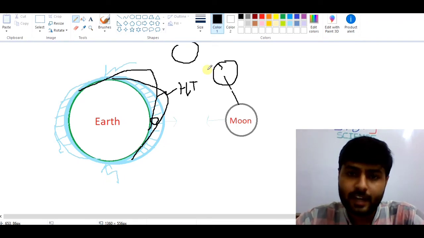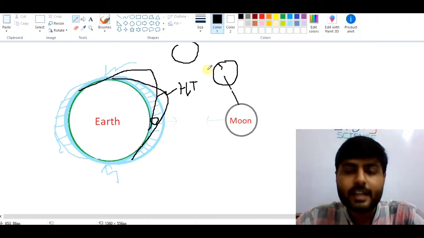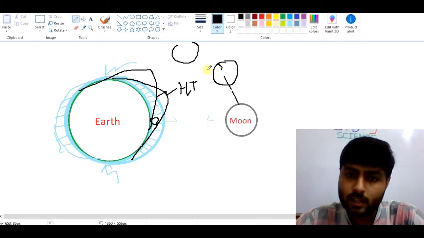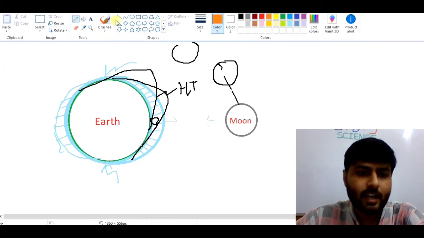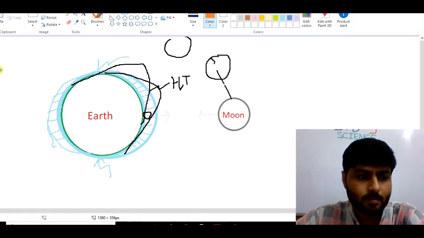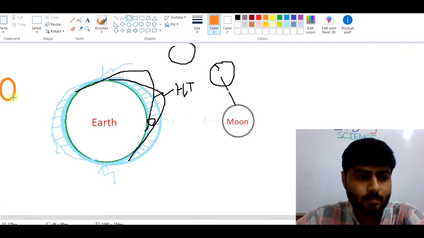Now, as we have seen, the effect of gravitational force of moon is more compared to sun. So what does sun do? Let's say here we have sun.